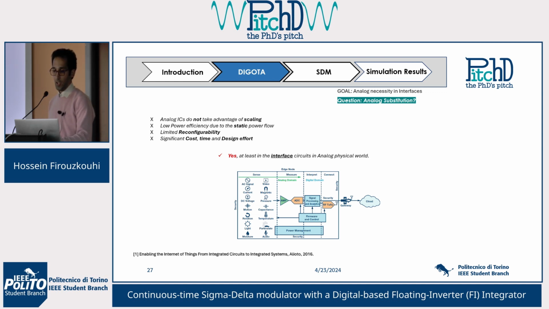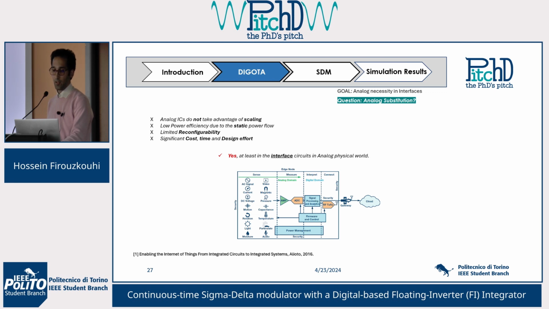I would say no, we cannot get rid of analog, because at least at the interface we have to process analog signals, especially in an IoT node, as you can see in this figure. In an IoT node, there are many analog signals from pressure, light, and so on.